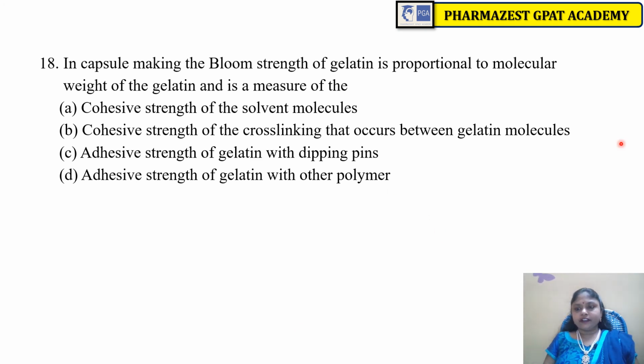So what is the right answer? The question asked here is about Bloom strength. So what is Bloom strength of gelatin? How is it measured? The right answer is the cohesive strength of the cross-linking that occurs between the gelatin molecules, which is nothing but the Bloom strength of gelatin.